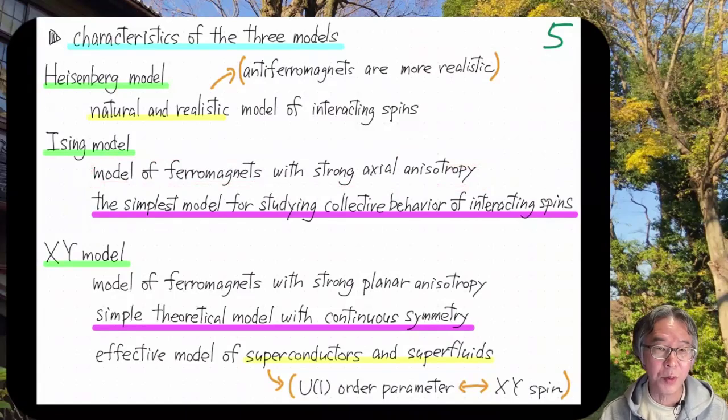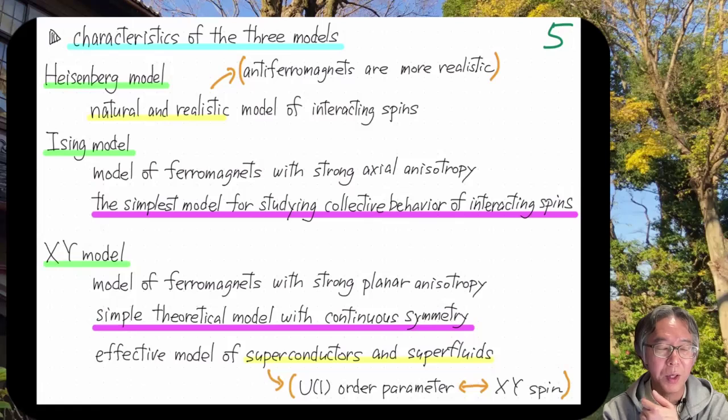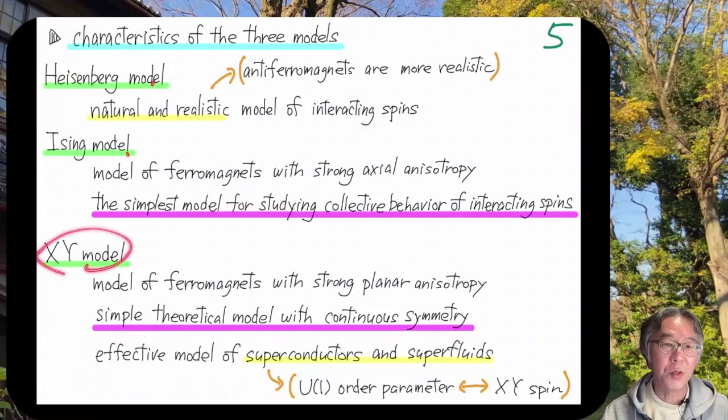But I think more importantly, the Ising model is the simplest model for studying collective behavior of interacting spins. So it has a very important meaning from the basic study of statistical mechanics. Okay, so the XY model is sort of intermediate between them.